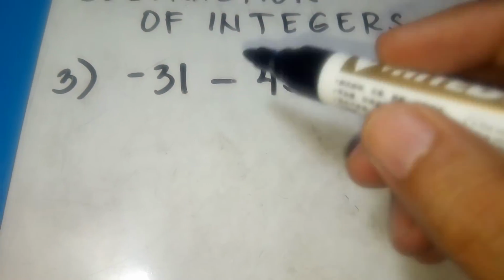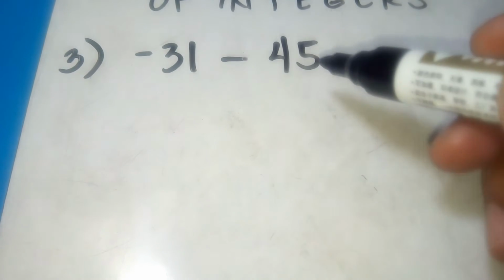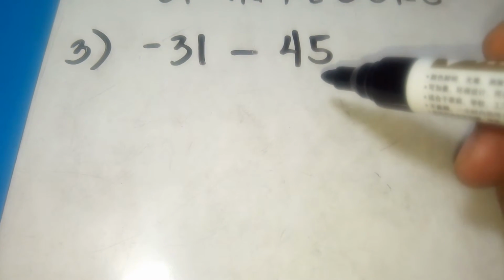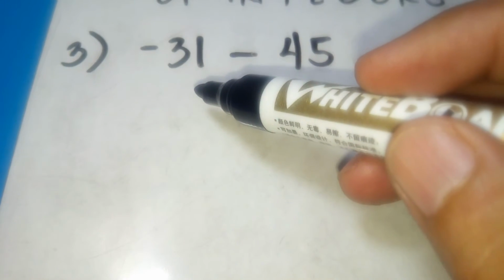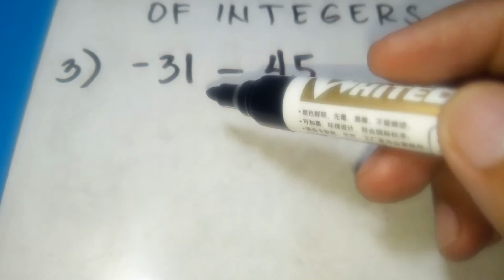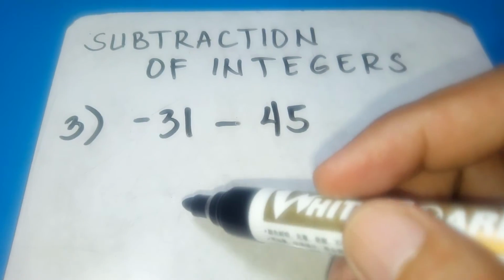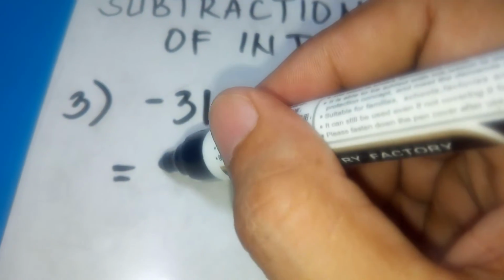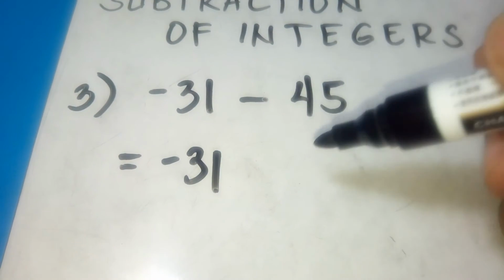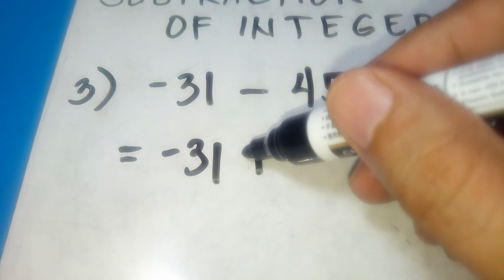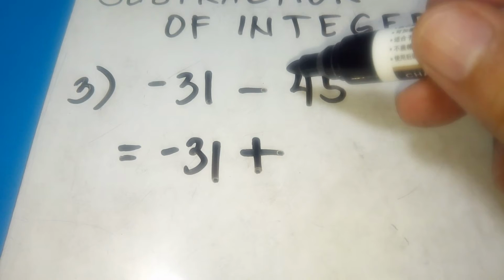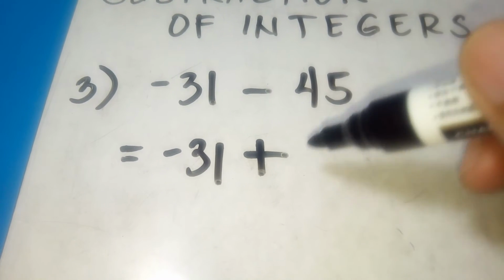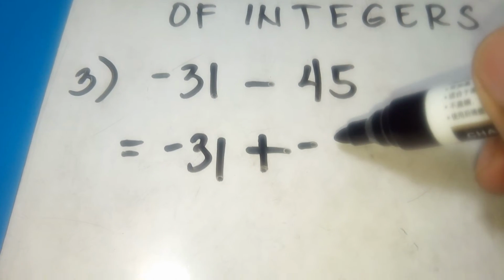Next is negative 31 minus 45. We have to change the sign of the subtrahend and proceed as in addition of integers. But first we have to copy negative 31, plus the opposite of positive 45, so that's negative 45.